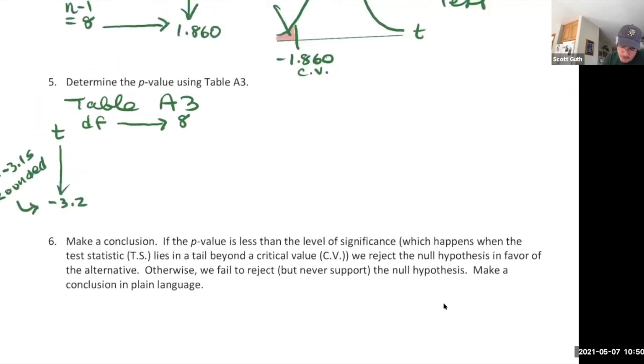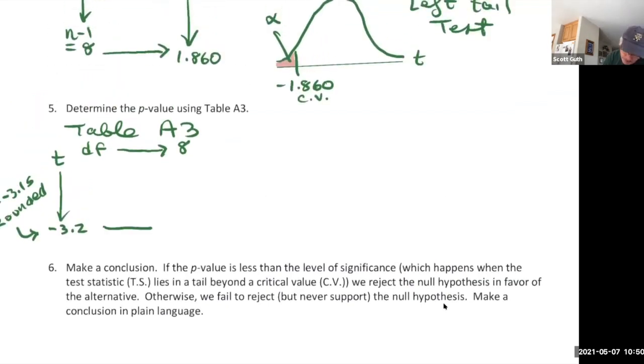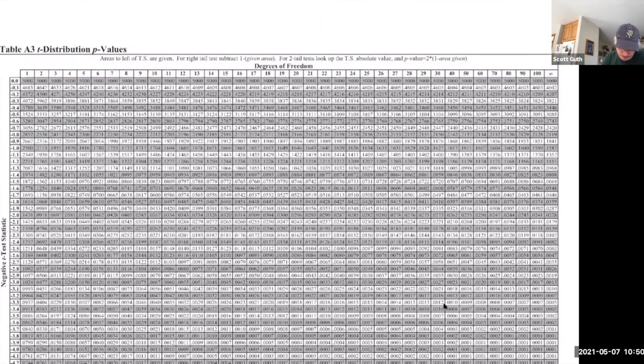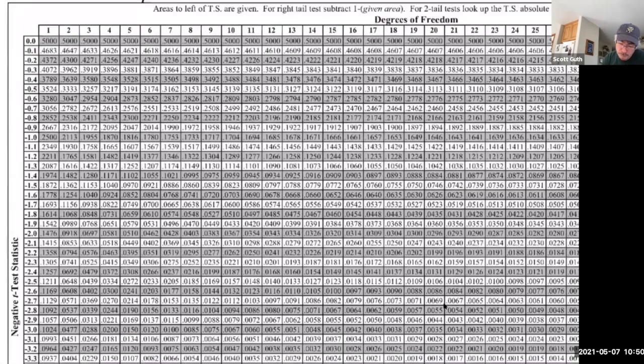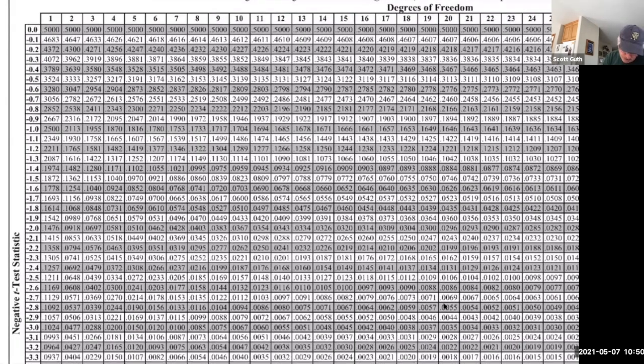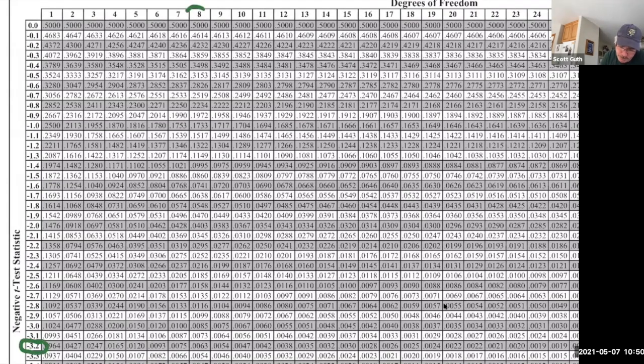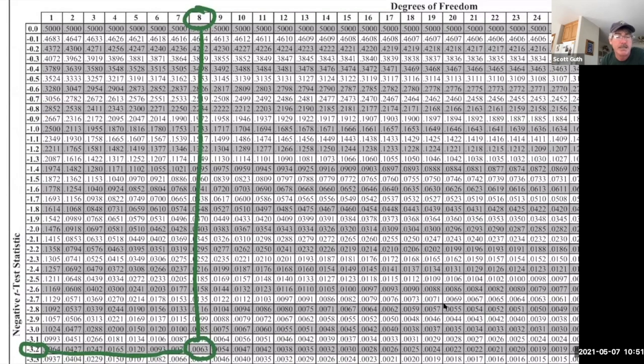In my beautiful table A3, it's negative, so we have to go to the negative part of the table. So the negative 3.2 and 8 degrees of freedom. I think there it is. 0.0063. Any questions about that one?